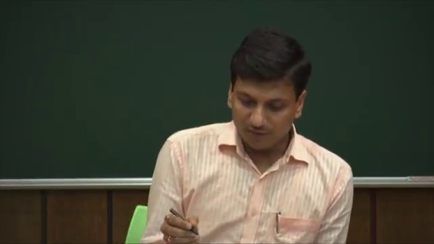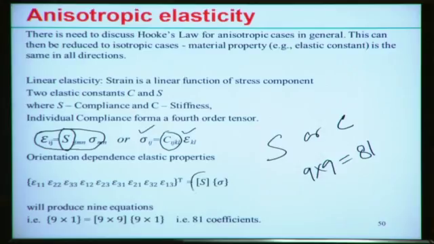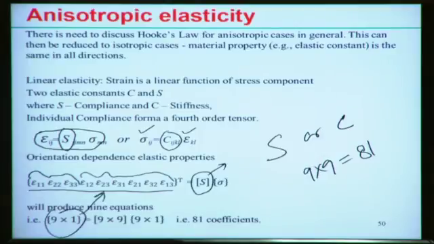If we look into it in matrix form, we use the S term, and this is the column vector, that is the strain component. There are 3 normal strain components and the other 6 are shear strain components, and on the right hand side, to bring dimensionality, this column vector has the dimension 9 by 1.